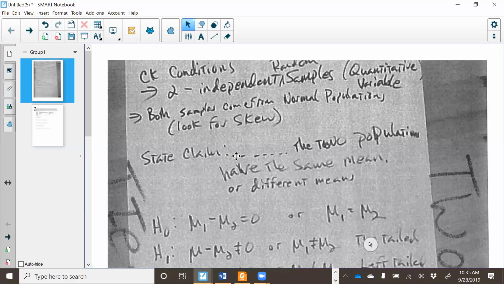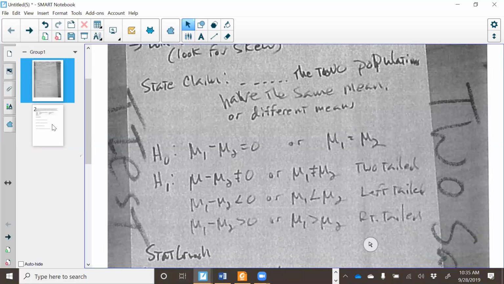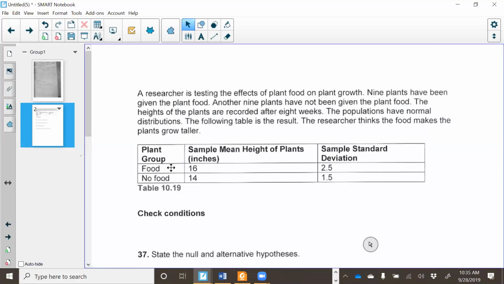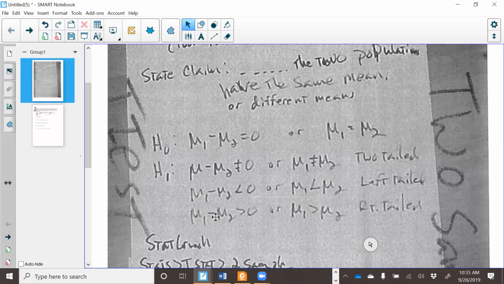If we call group 1 the plant food receivers, population 1, and population 2 the control, then mean 1 minus mean 2 is going to be positive. So I think we have a right-tailed test. Mean 1 minus mean 2 is bigger than 0, so that's a right-tailed test. Okay, that's what we're going to write for our hypotheses here.